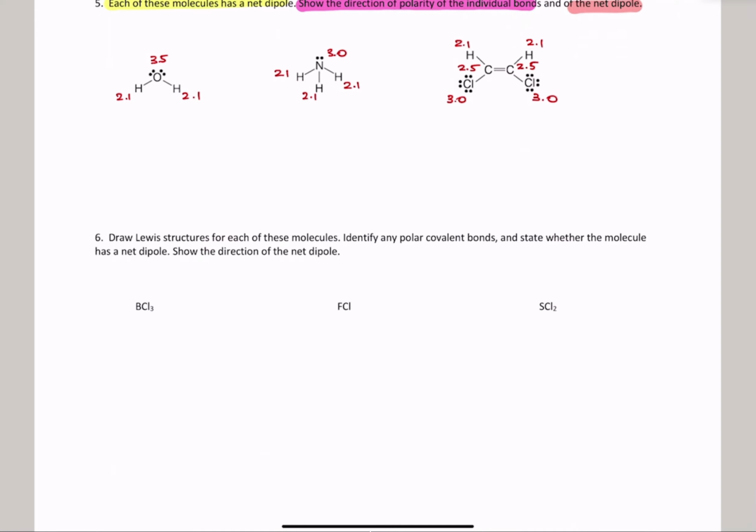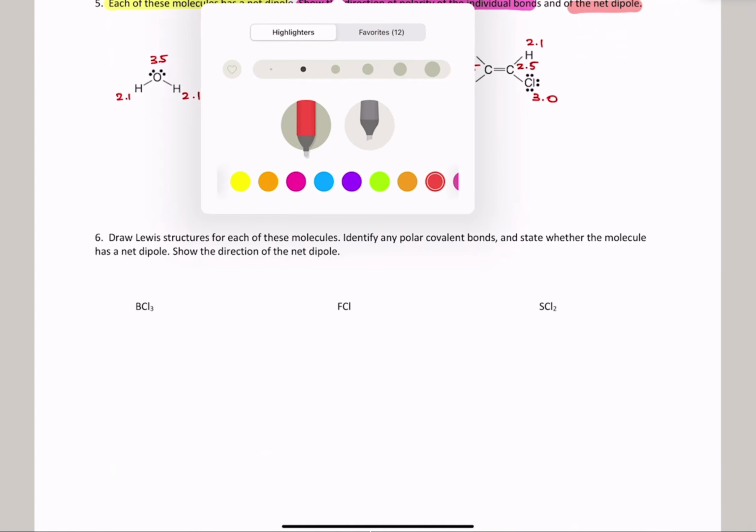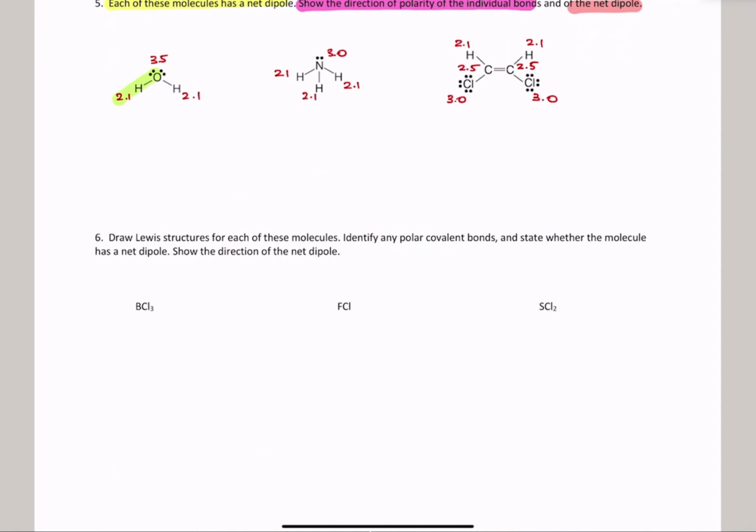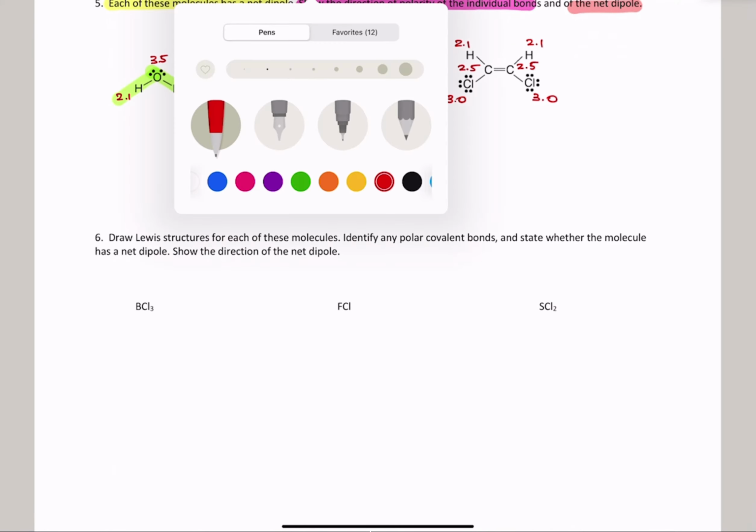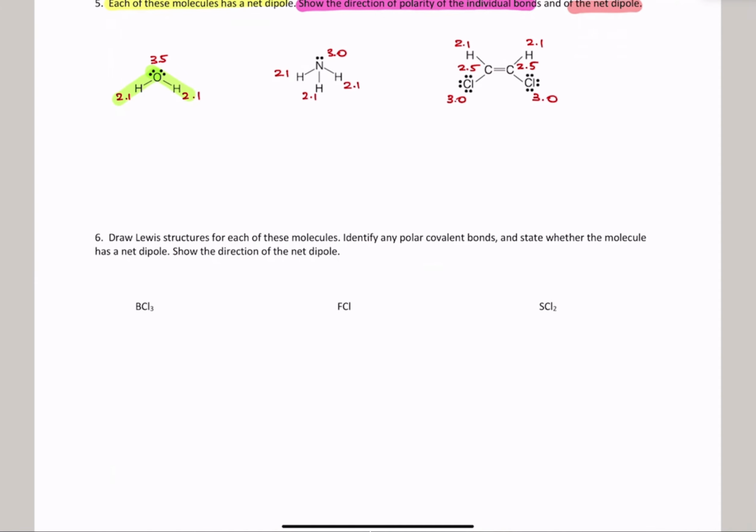Let's take a look at the individual bonds, this one and that one. We have here a delta EN equal to 1.4, 3.5 minus 2.1. Therefore, each OH bond is polar covalent, where the electrons are pulled toward the more electronegative atom, which is the oxygen.